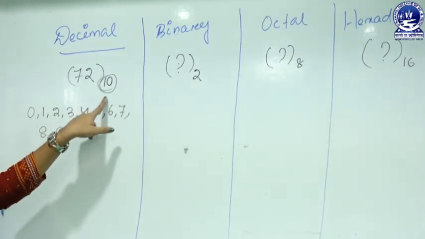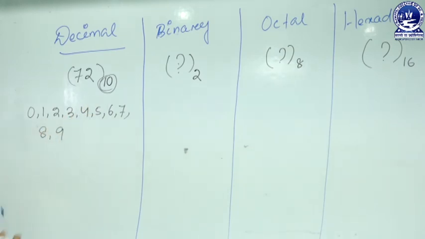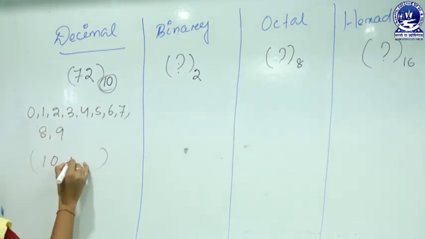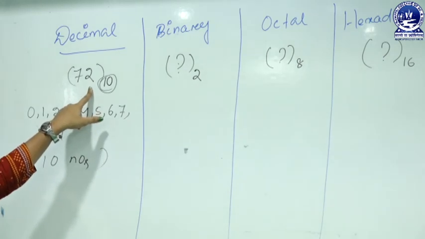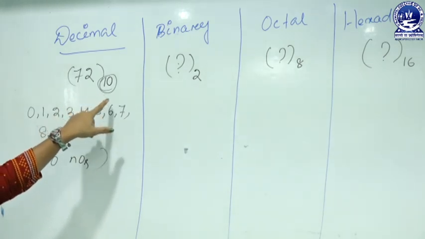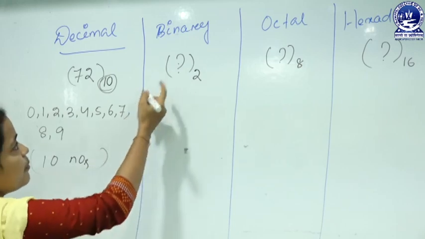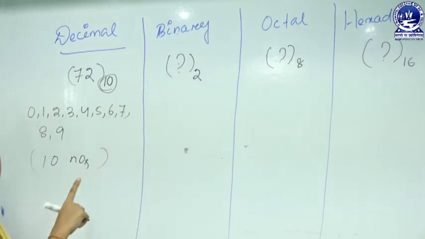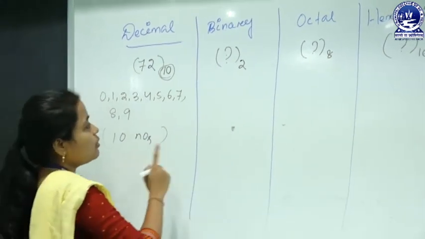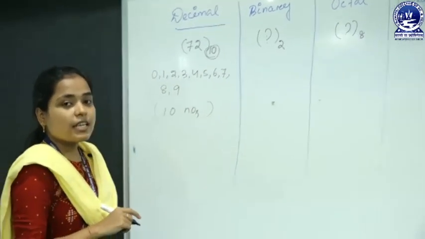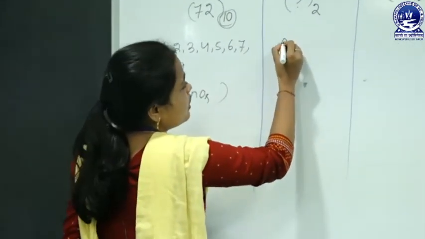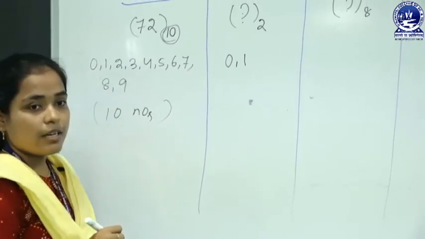The decimal number has radix 10, and in this way for a binary number, as the radix is 2, we can use only 2 values to represent a binary number. Those 2 values are 0 and 1.